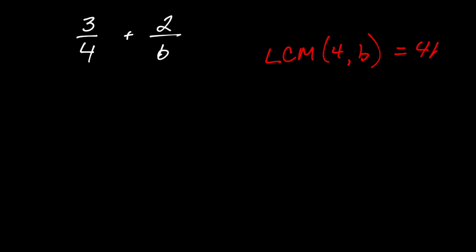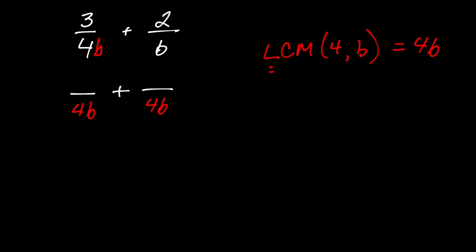But know that anytime you multiply two denominators together, you're going to get a common denominator. It just might not be the lowest common denominator, but this happens to be the lowest common denominator. So I'm going to rewrite my fraction bars, and I'm going to put my new denominator under each one. So what we did was multiplied 4 by b. So I have to multiply the top by b. So that gives me 3b.